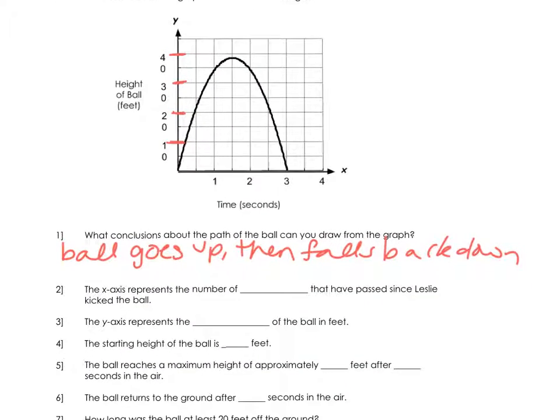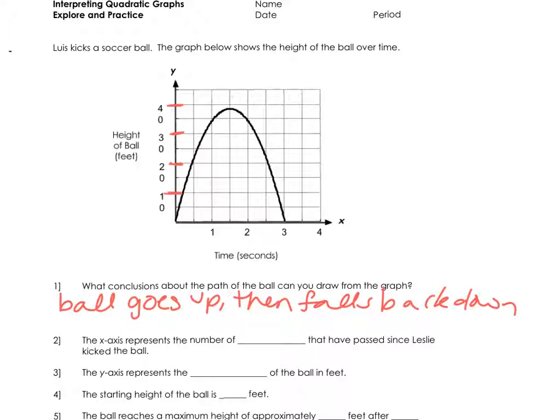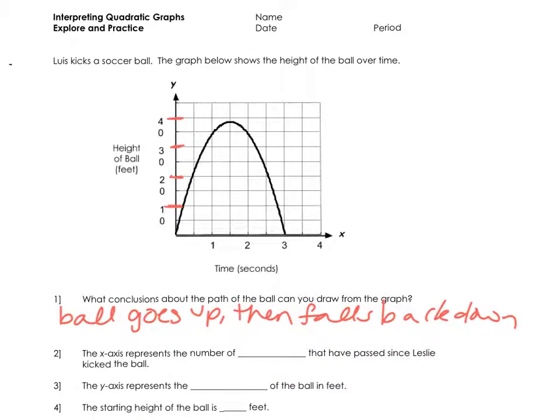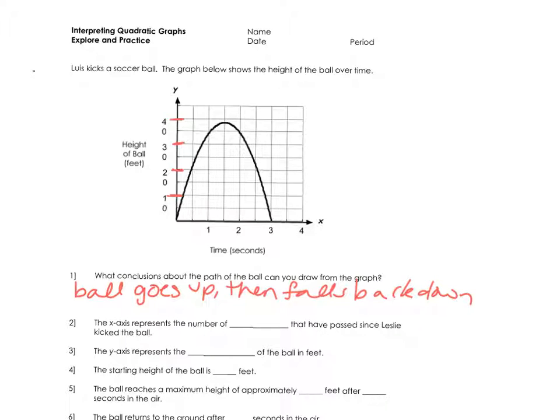Number 2, Preston, can you read number 2 for me? The x-axis represents the number of blank that have passed since Leslie kicked the ball. Whoa, are we paying attention? Who initially kicked the ball? Lewis. But now I say Leslie. That's just a typo. So that should say Lewis.